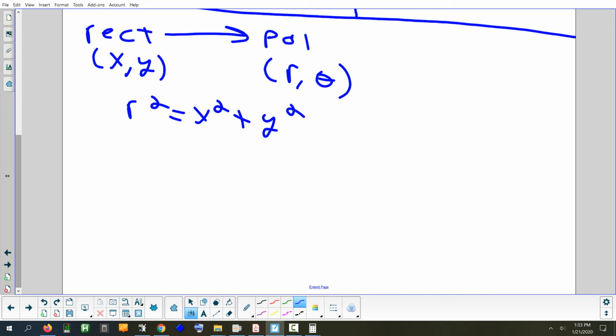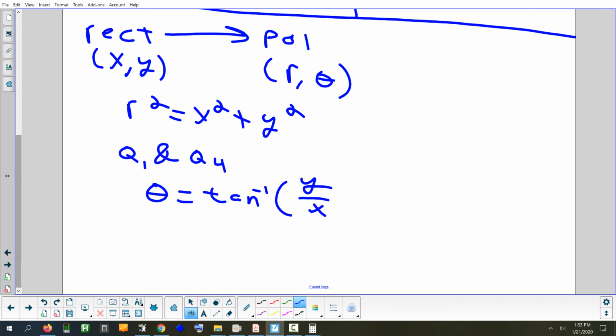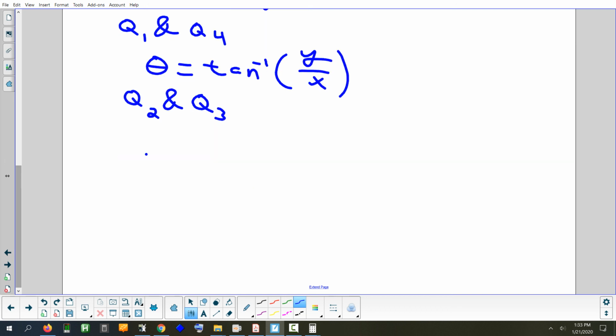So if you're in quadrants 1 and 4, your angle is found by doing the inverse tangent of y over x. If you're in quadrants 2 and 3, that's part of the formula.